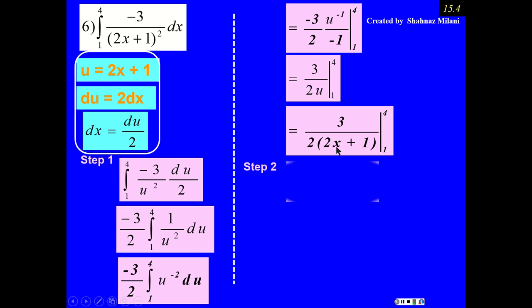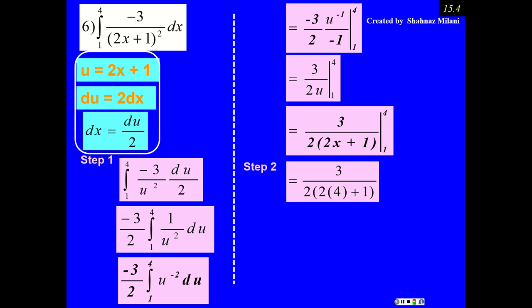This x, replace it by 4. Now, order of operations: inside, exponent, outside. 2 times 4 is 8. 8 plus 1 is 9. 9 times 2 is going to be 18. 3 over 18 reduces to 1 over 6.